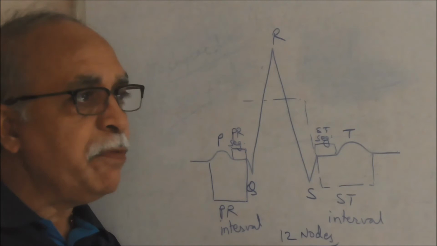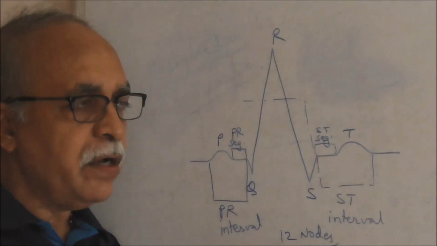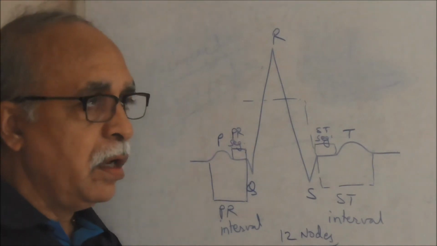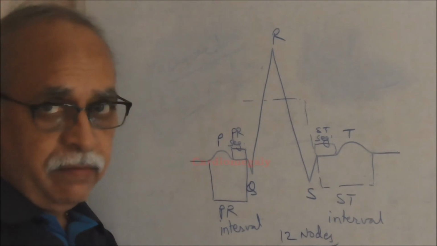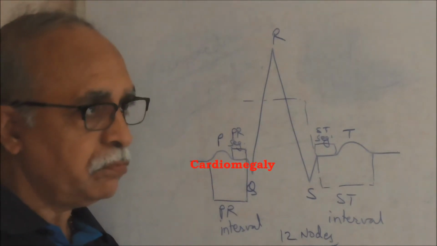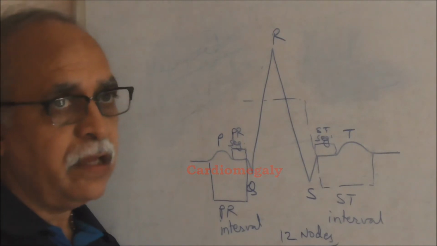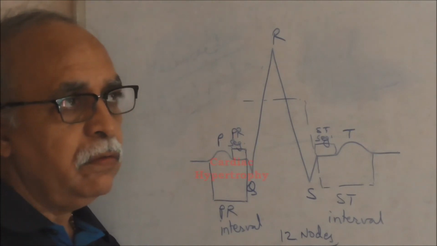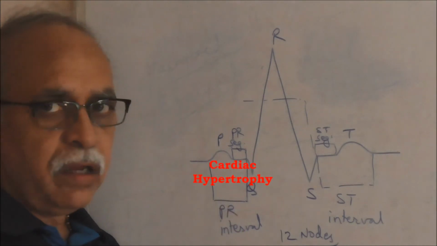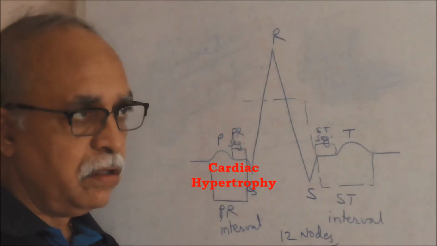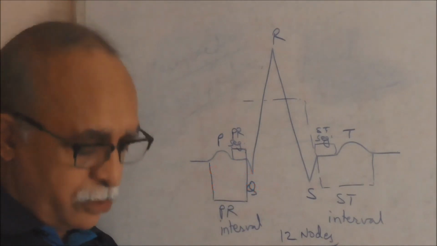Then the shape of the heart. Now, when I say shape of the heart, I am talking about conditions such as cardiomegaly. The heart gets enlarged. Sometimes the heart wall is thickened. Such conditions can again be represented in the electrocardiogram.